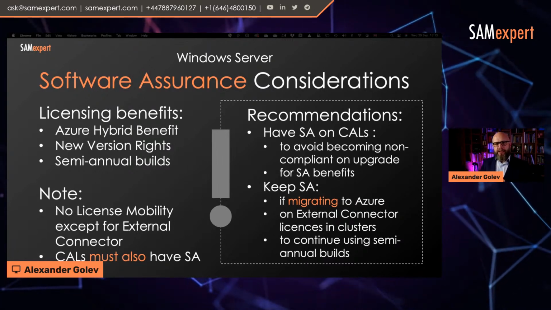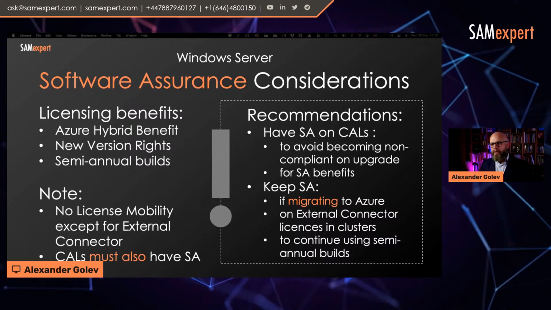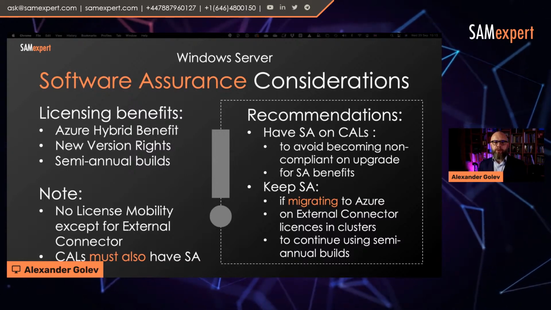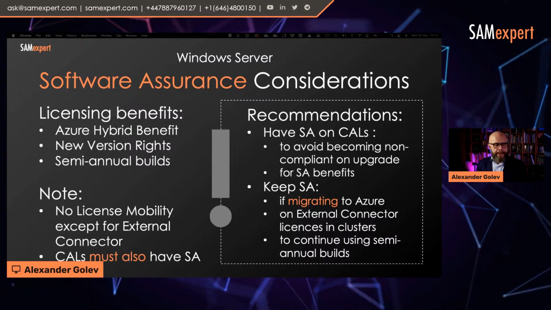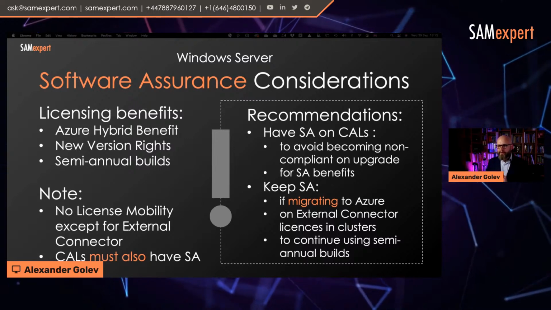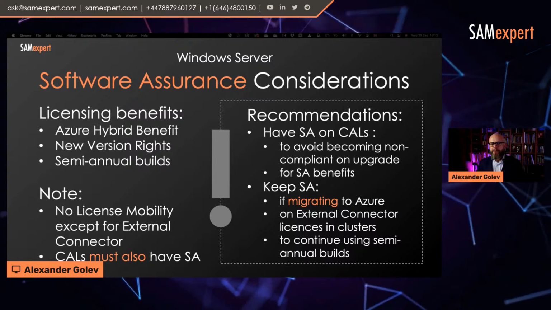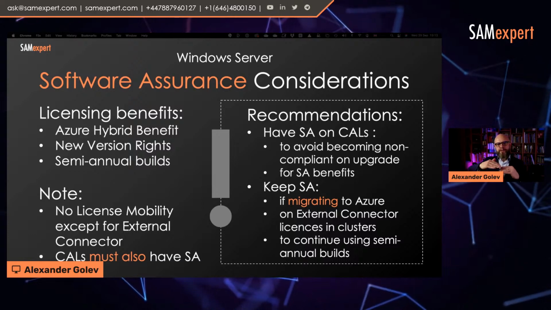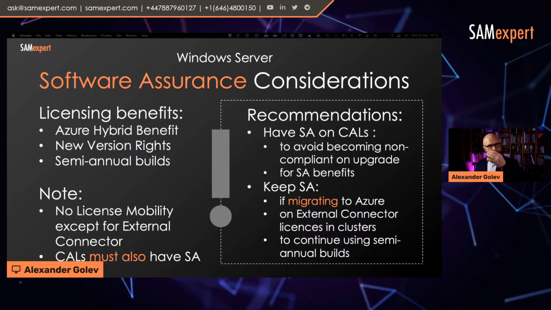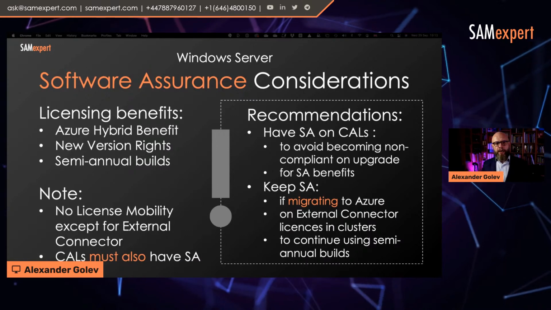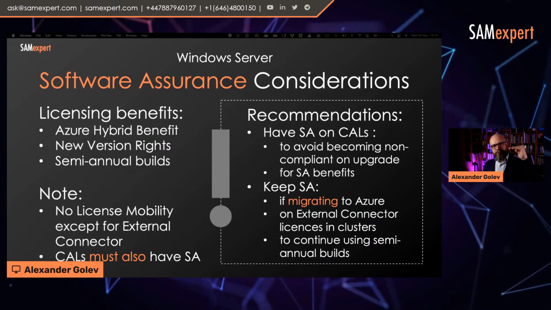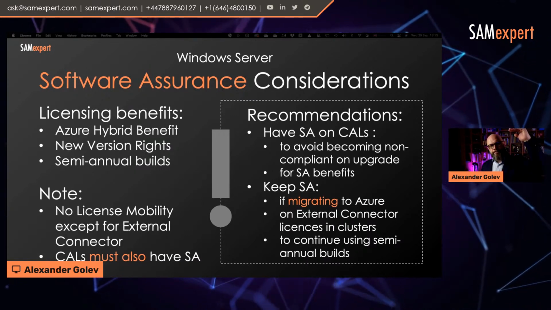So my recommendation is always have software assurance on CALs. When you have client access licenses, always buy them and maintain them with software assurance. Why? Because you can become non-compliant overnight. Somebody upgrades one server and suddenly the server's license changes. With CALs, as I explained in the first part of this training, you have to have either the current version of CALs or higher.